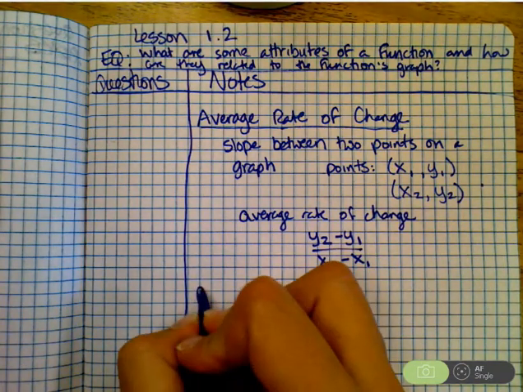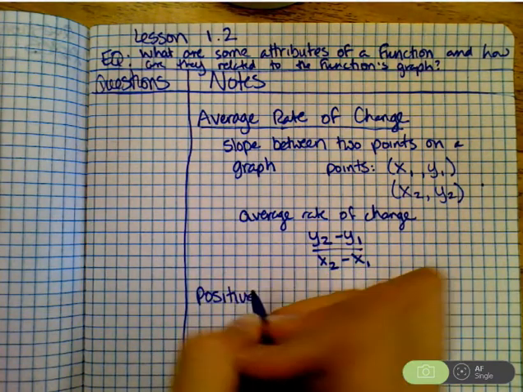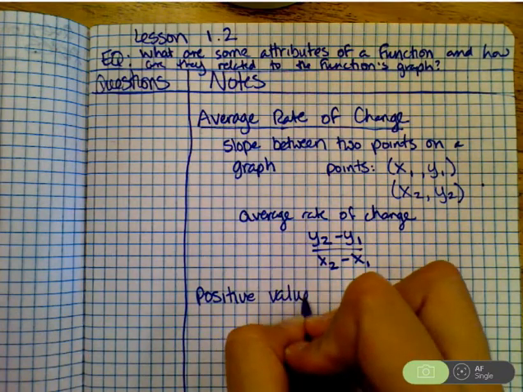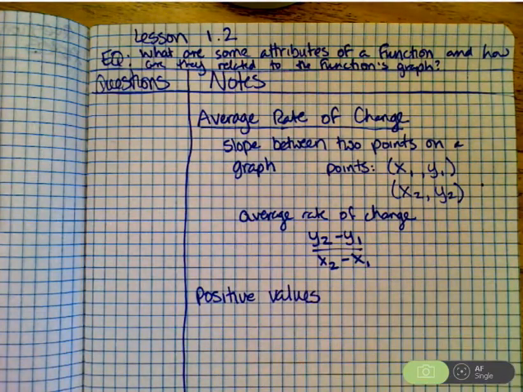Next we have positive values. And all of this will make more sense, I promise, when we start looking at an example. We just have to get some of the basic vocabulary down first so we know what we're looking at when we're looking at an example.